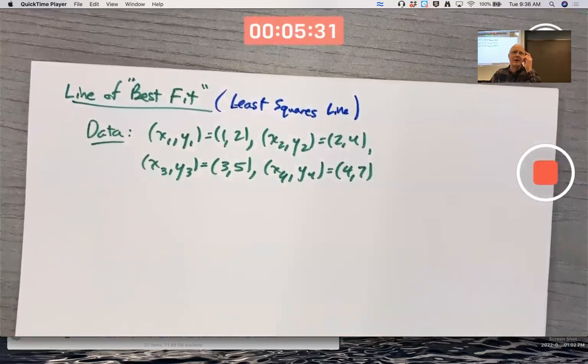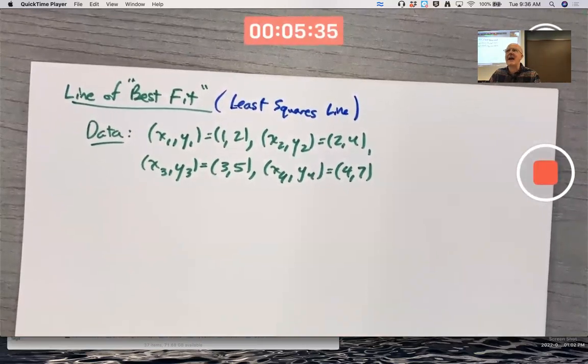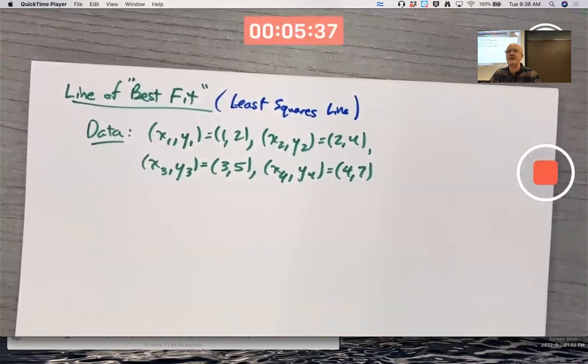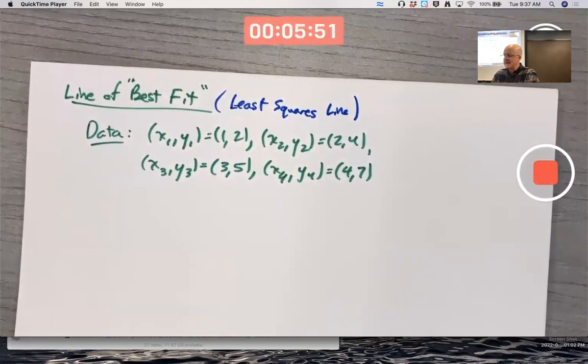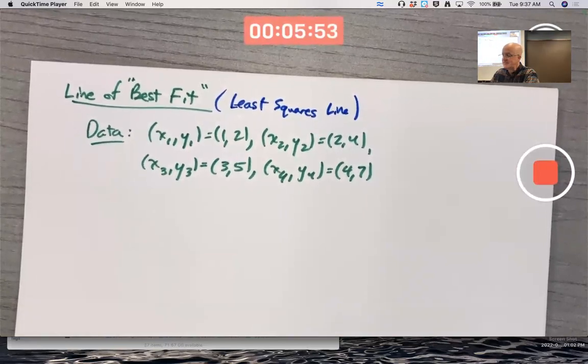These particular data points do result in a line of best fit, a least squares line, that the numbers turn out to be fairly nice. So that's what I want to pick these data points for. More realistically, we do want to deal with real life data sets that have applications that can be interpreted in terms of real life. But today we want to just think about the mechanics of it.